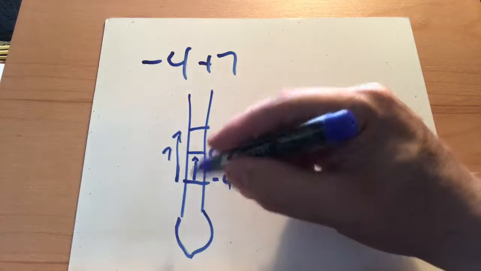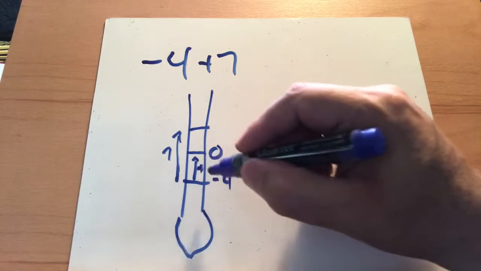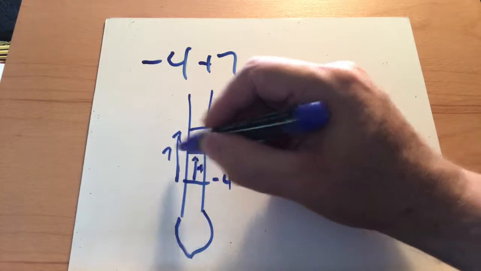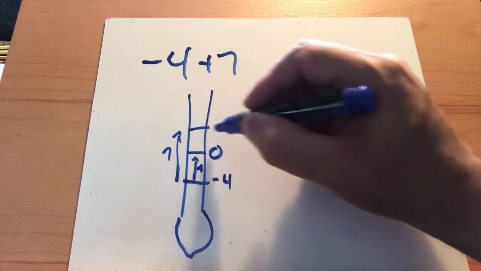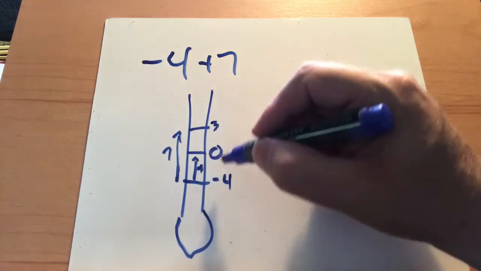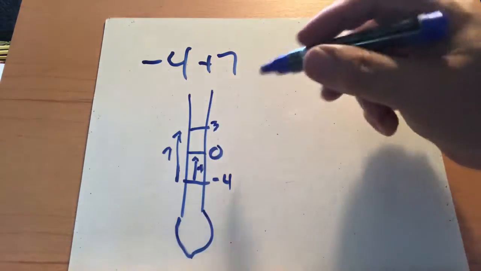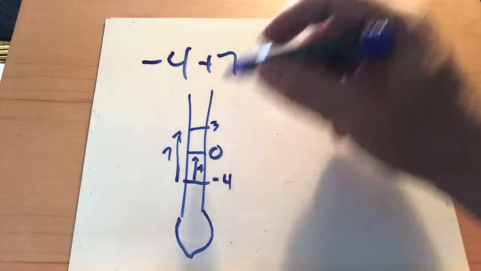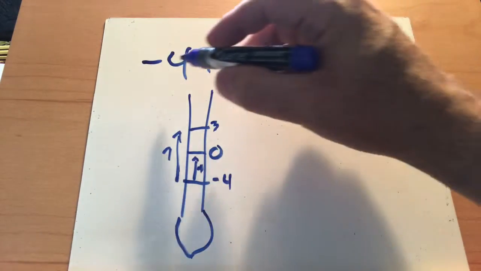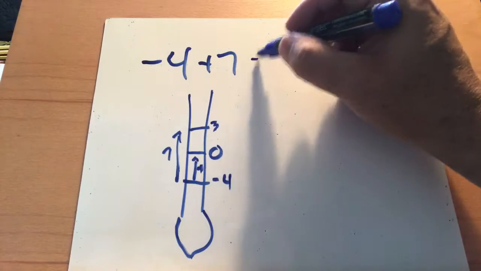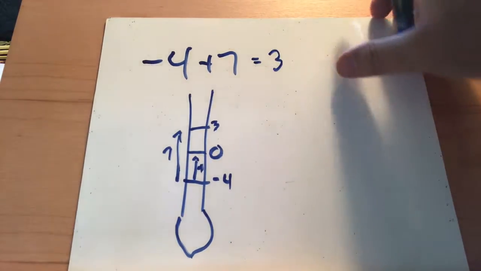We had to go up 4. So how much is left? There's 3 left. So we start at -4 and we go up 7. We end up at +3.